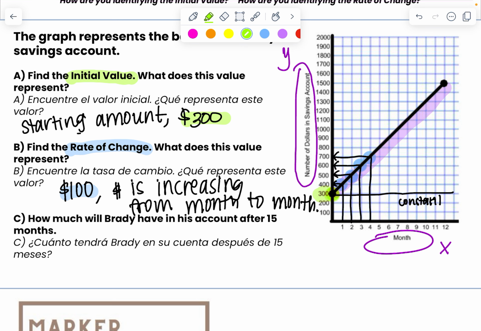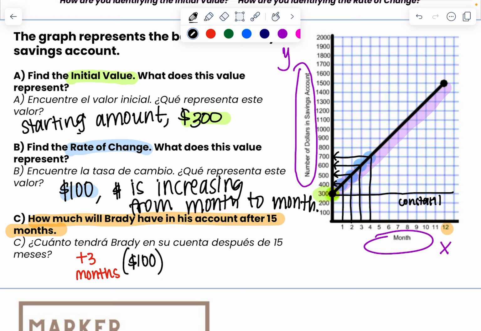How much money will Brady have in his account after 15 months? If we look at the x-axis, the months, the biggest number it goes to is 12. So 12 to 15, I need 3 more months, right? And I know that every single month, I'm going to add in my $100 rate of change, right?